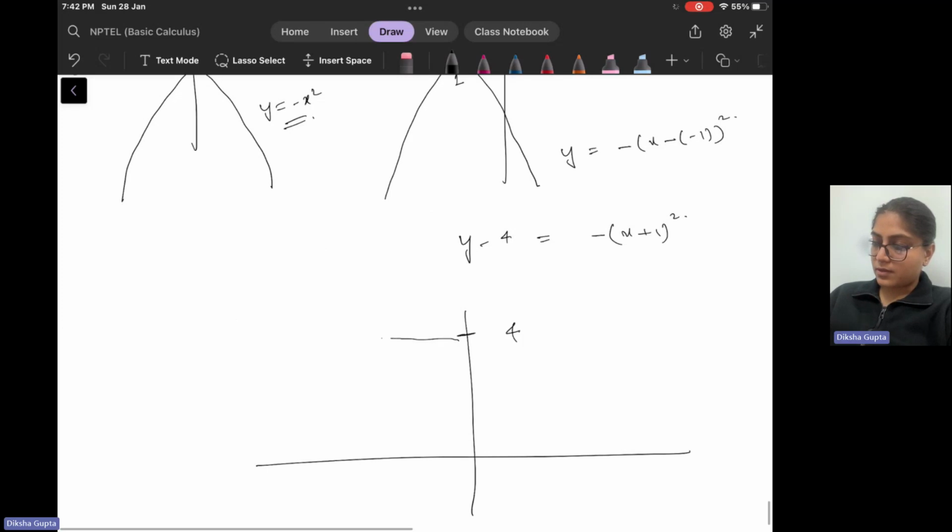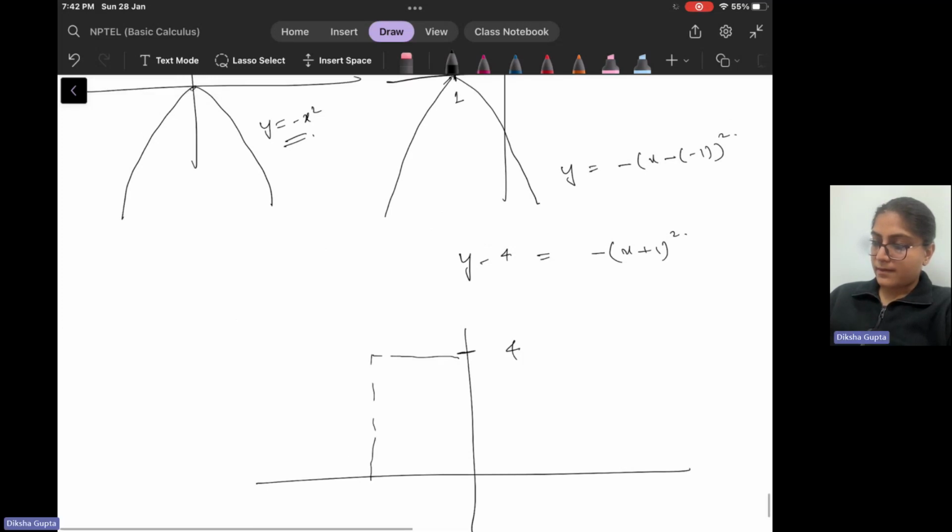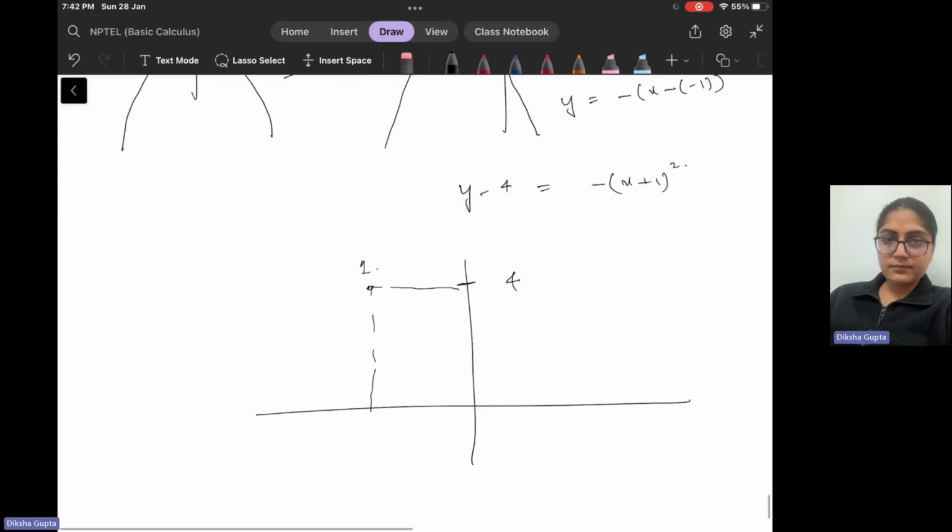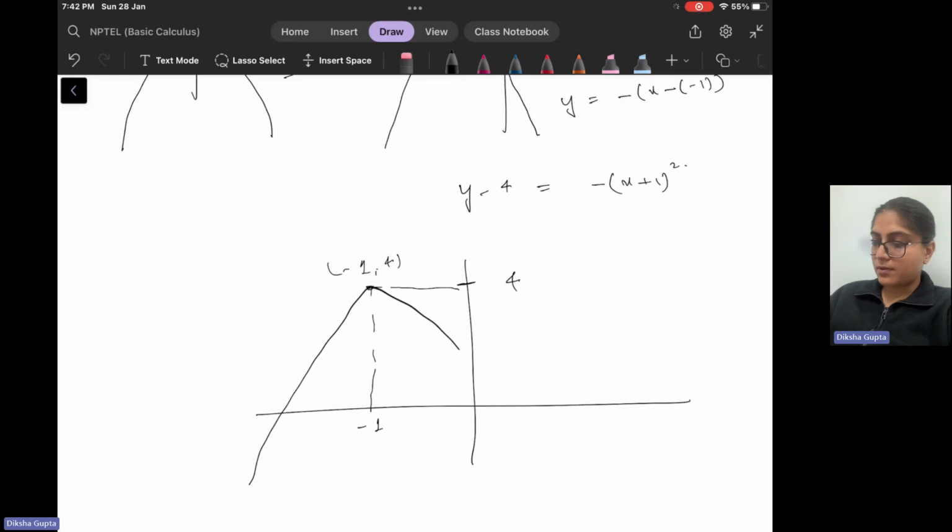Here is 1, right? This one will be minus 1 comma 4. For the proper plotting, you just see where it cuts the x and y axes.